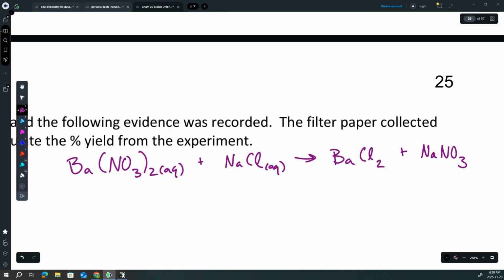So it's just a double replacement reaction happening. Barium chloride, if you look that up in your solubility table, is going to be a solid. Sodium nitrate is going to be soluble in water. Now if we balance this equation, we have 2 nitrates going in, so we want 2 nitrates coming out.